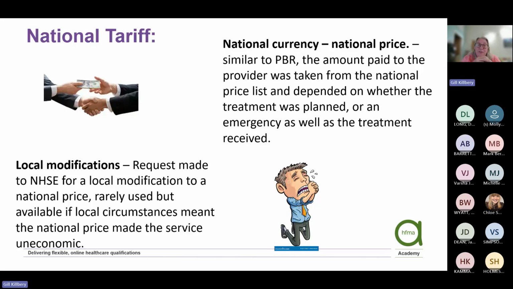You can have local modifications. So you can request to NHSE for a local modification to a national price. It's rarely used because you do have to plead and you have to jump through a huge amount of hoops to get anything changed. But it is available if you can make the case.